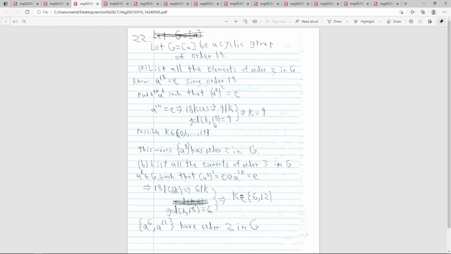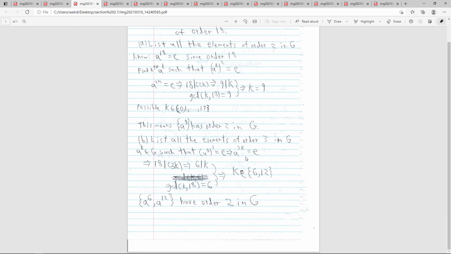You just really have to pay attention to the GCD. k equals 9 is the only one, because k can be anywhere from 0 to 17. So this means that a to the 9 has order 2 in G.